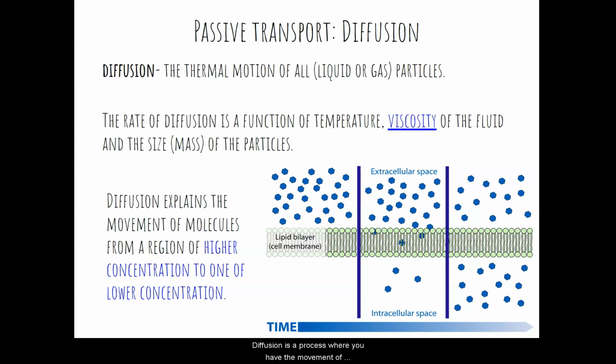So diffusion is a process where you have the movement of molecules from a region that's got a high concentration of molecules to a region of lower concentration of molecules over time. And that movement speed depends on the temperature, the size of the particles, and how thick the fluid is that they're moving through.